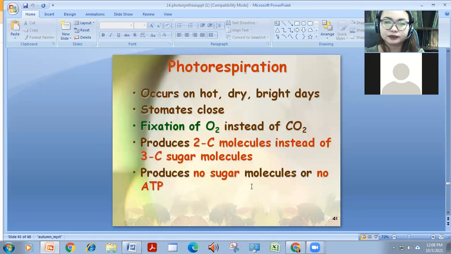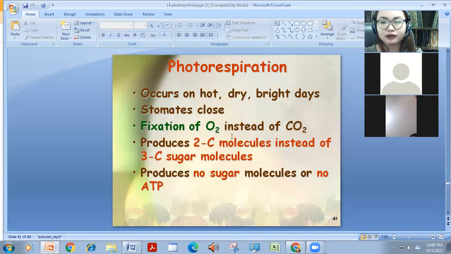So next is photorespiration, and this occurs on hot, dry, bright days, where stomata close and the fixation of oxygen instead of carbon dioxide is done.